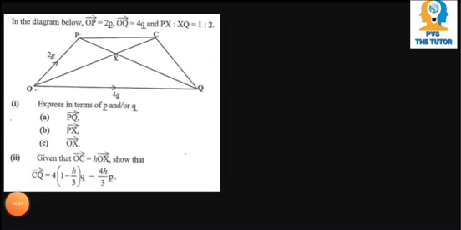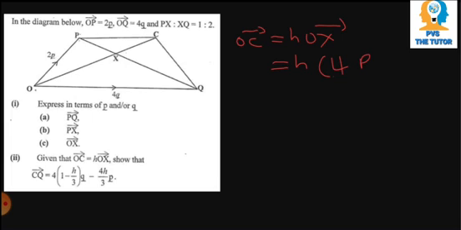Now we have question 2 says, given that OC is equal to H times OX. Now we know that we already have OX as 4P over 3 plus 4Q over 3.